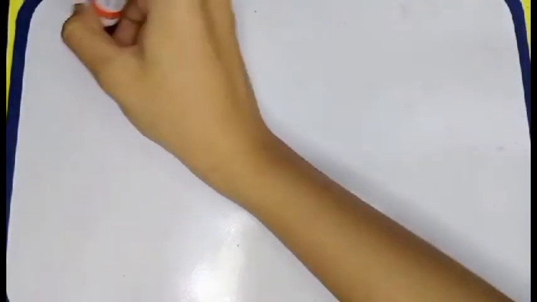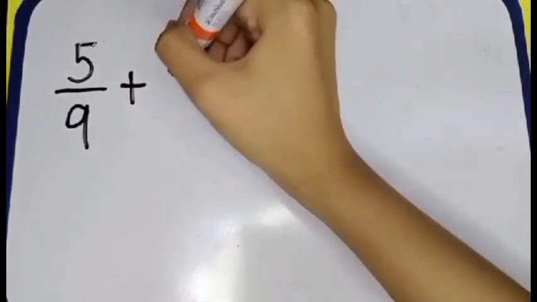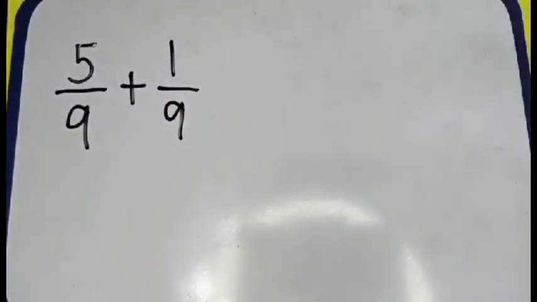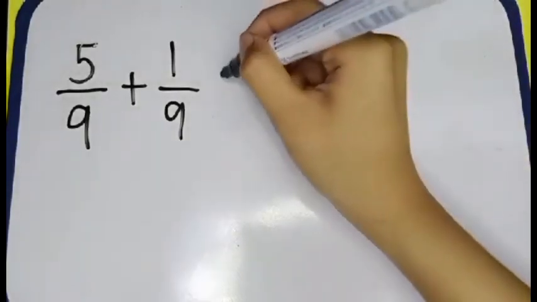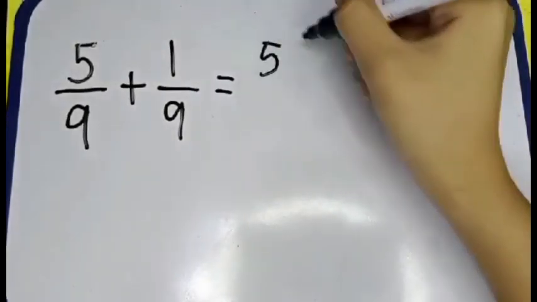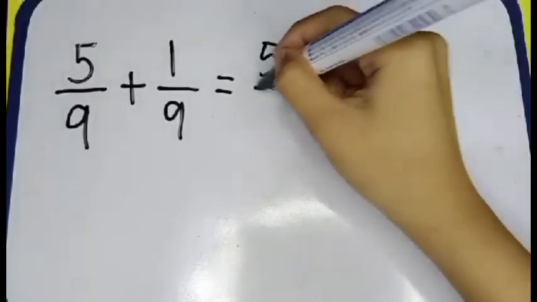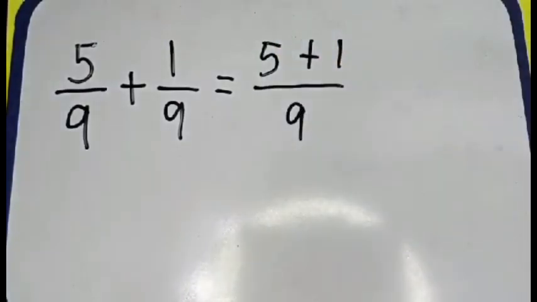Last example for the addition of similar fractions, we have 5 over 9 plus 1 over 9. Same process ulit, add the numerators, which is 5 plus 1. And then, copy the denominator.